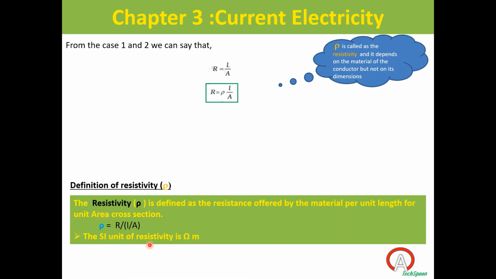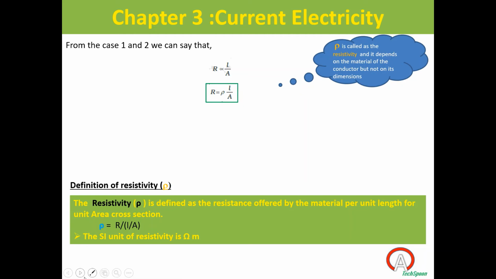Can anybody tell how this unit is derived from this equation? We already derived the unit for electric current from the equation. We already derived the unit for volt or potential difference from the equation.